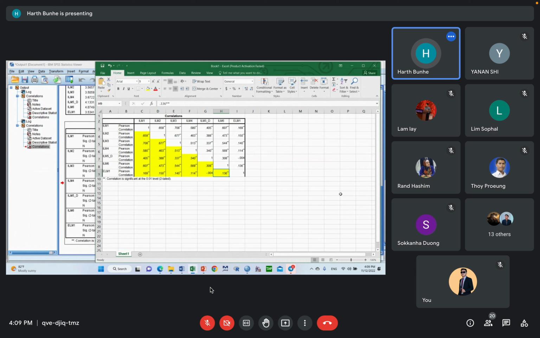If you delete unnecessary values, it is easy for you to read. Actually, this one is negligible because it has no significant level, no correlation between ELM1 and ILM5. There's no correlation.